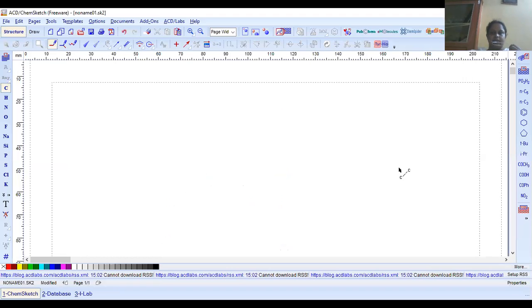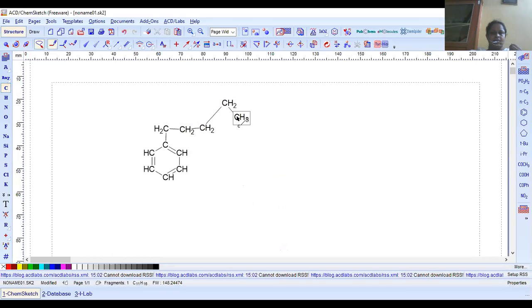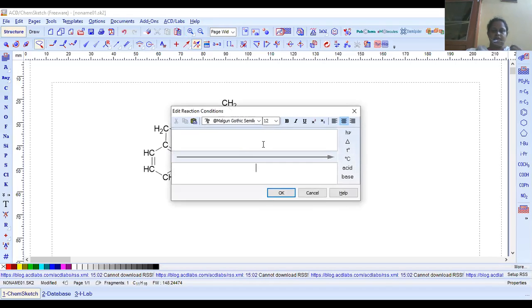Let us write a few more examples using this. Suppose there is a big chain length. The whole chain length can be converted to a carboxylic acid group simply by the addition of what? By the addition of KMnO4 or any of these reagents.